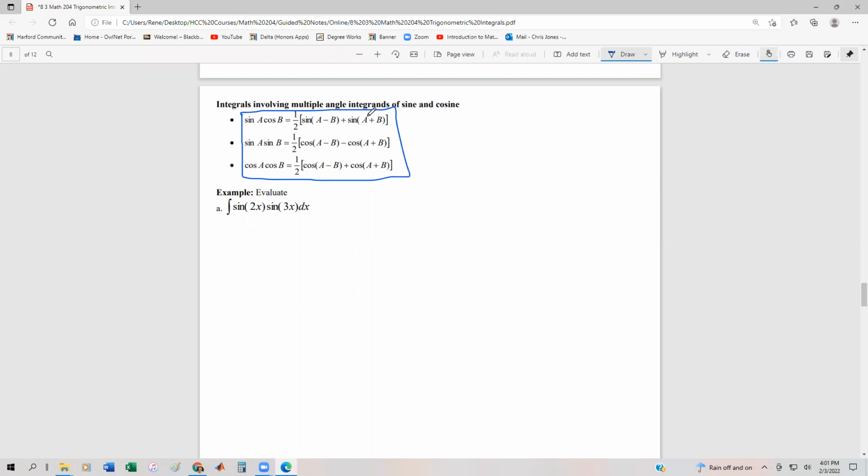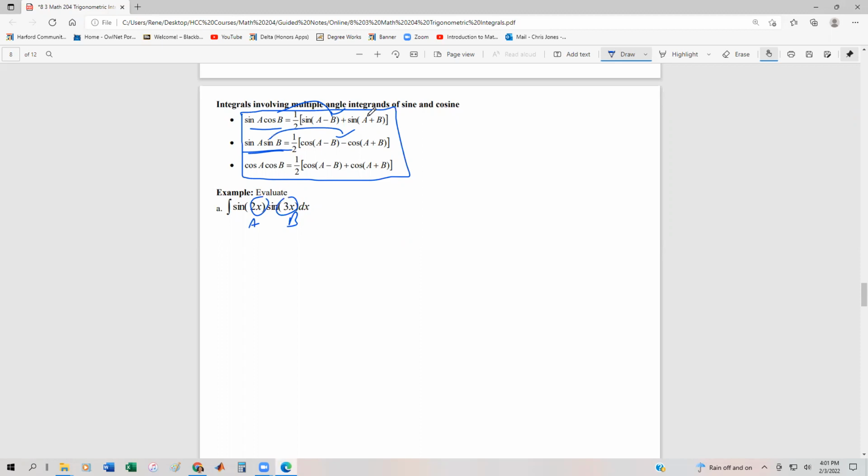If we have sine A cosine B, where A and B are just some interior angles, then it's going to be equal to this sum and difference formula. But the one we're looking for in the example below is sine A sine B. It's equal to 1/2 the quantity cos(A minus B) minus cos(A plus B). In this case, A is 2x and B is 3x.